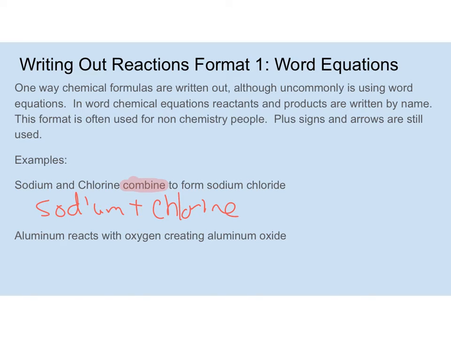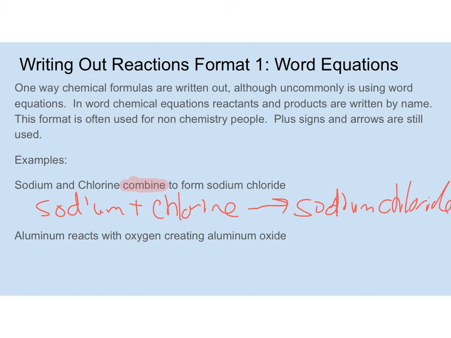It's a little bit difficult to write on an iPad. Okay, so we have sodium and chlorine combine to form sodium chloride. So they're going to produce sodium chloride. That's my product. So I'm going to draw an arrow, and then I'm writing sodium chloride. Right? Again, I apologize. I know this penmanship looks horrendous here.